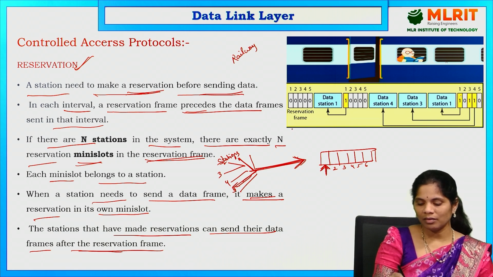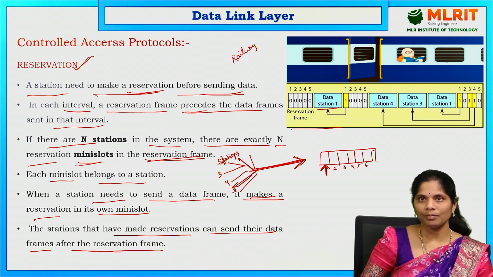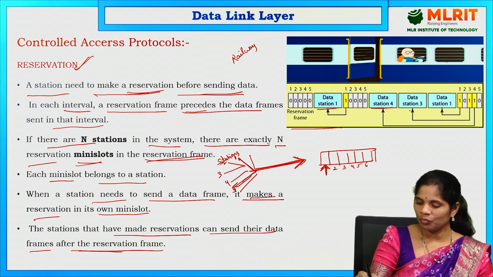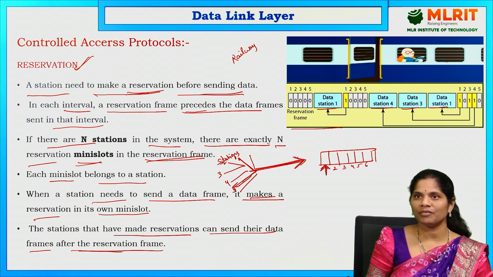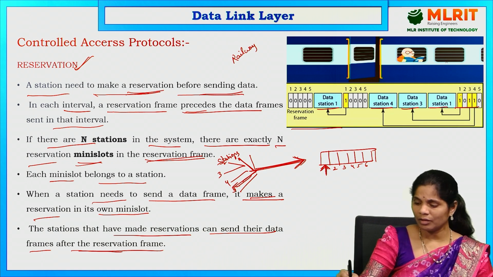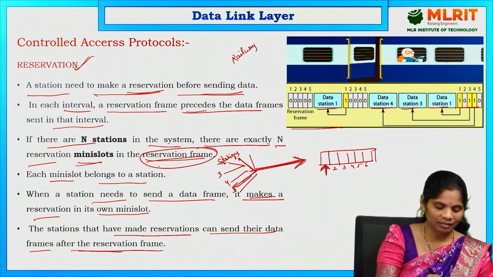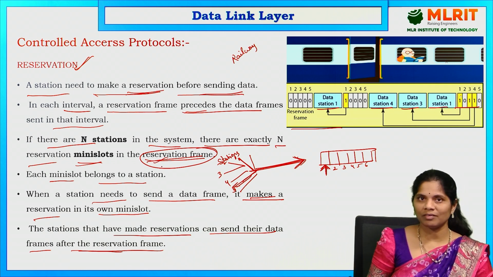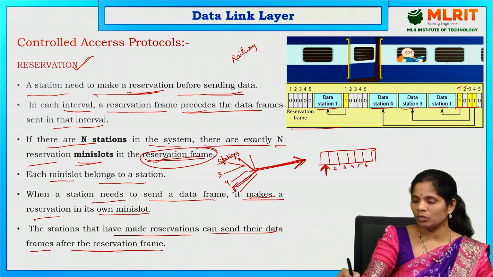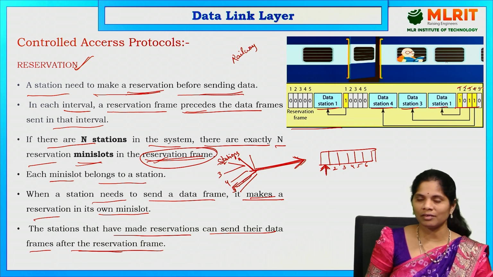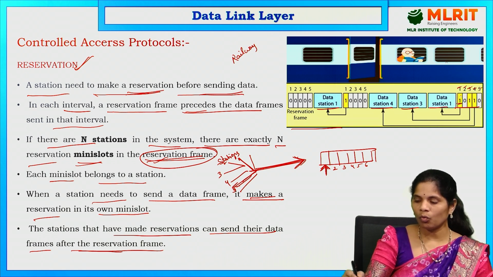See this picture, that will be very clear. These are the different data stations, like 4, 3, 1. This is the reservation frame. What does it contain? The reservation frame has the number of stations, 1, 2, 3, 4, 5, that is n stations. Each station has its own mini slot.